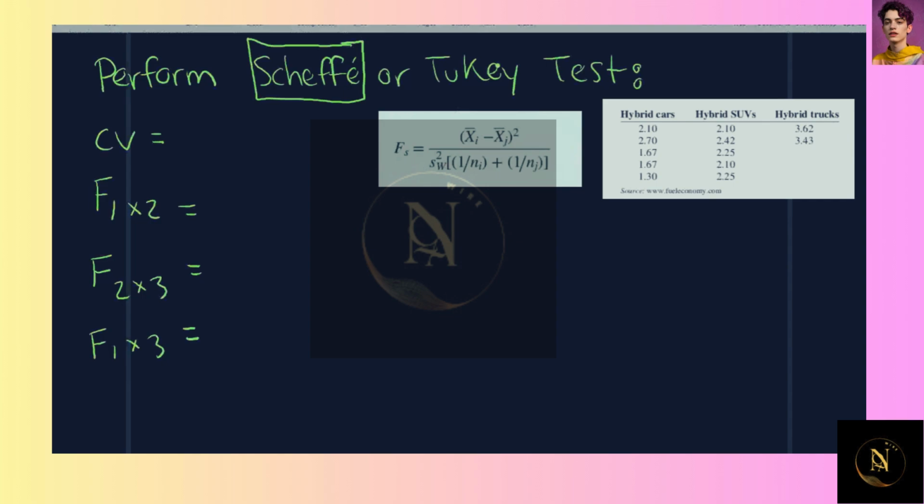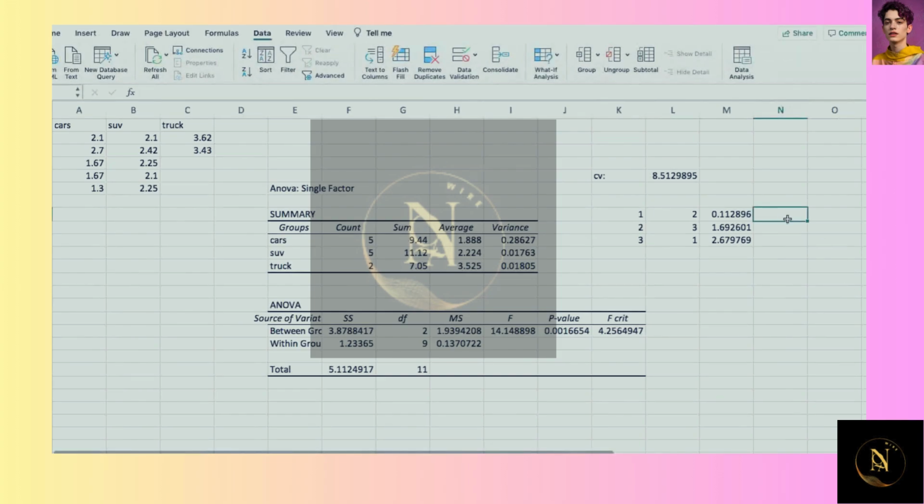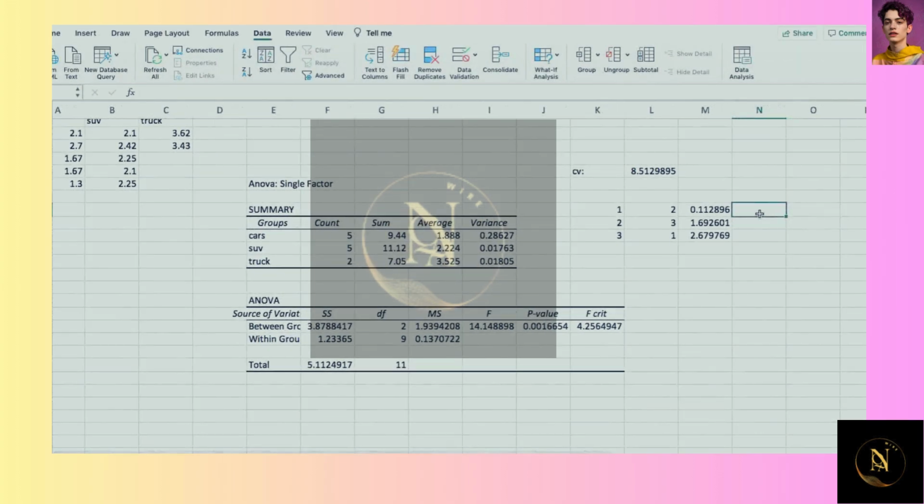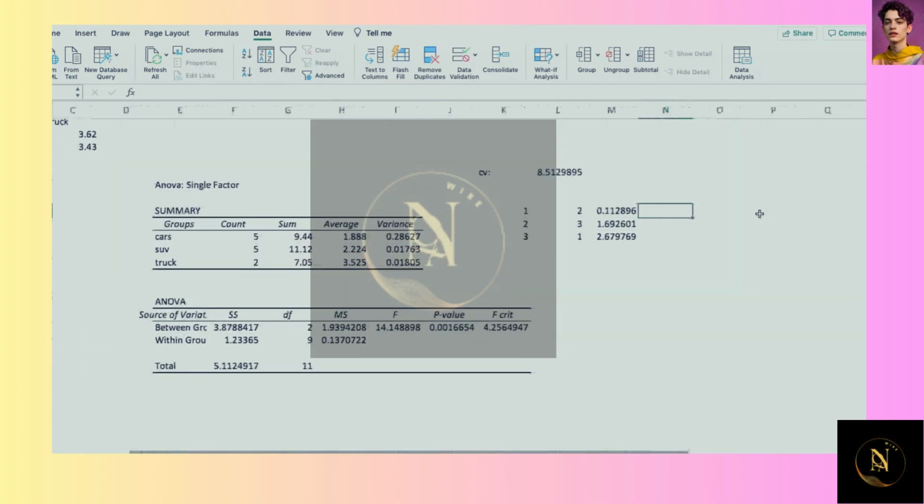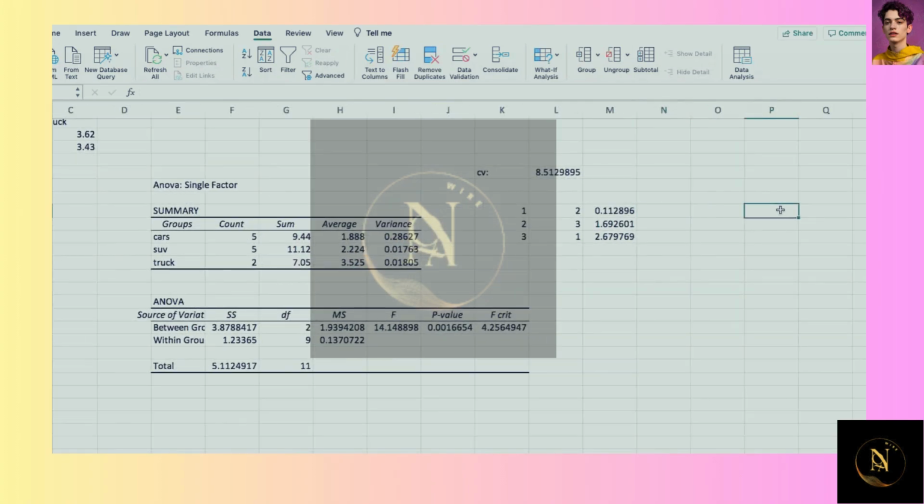If we go back to our formula, now we have to do the variance within and multiply it by 1 divided by our sample sizes. So let's go back to our Excel spreadsheet. First I'm going to calculate that 1 over n.